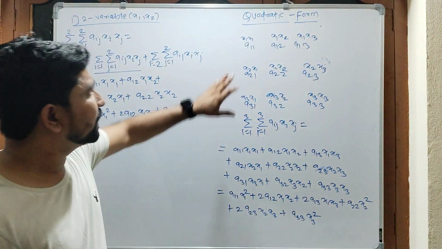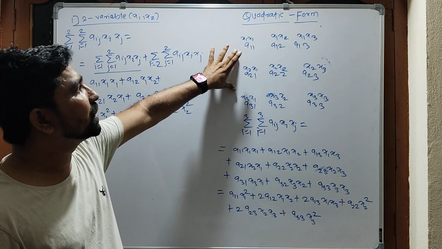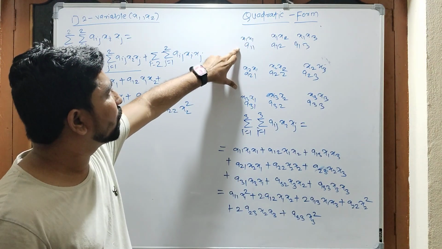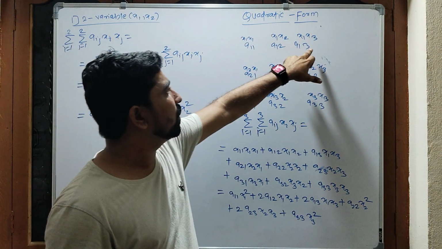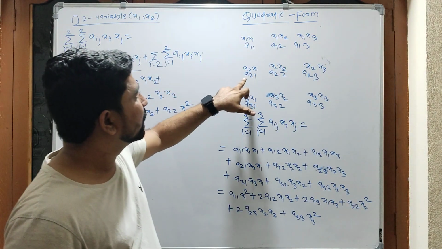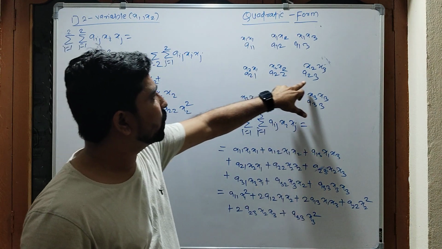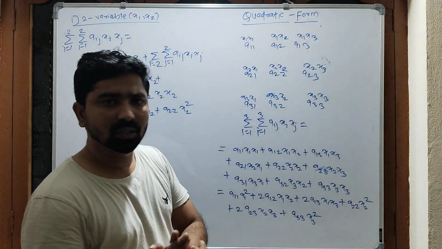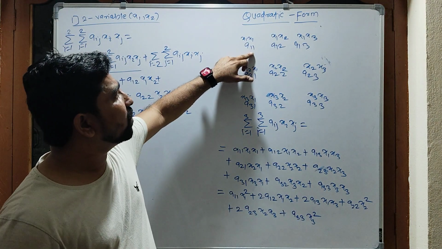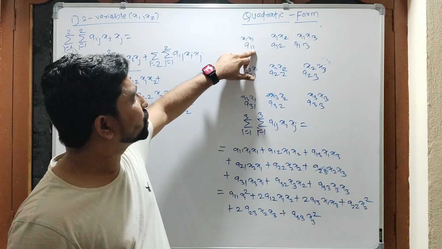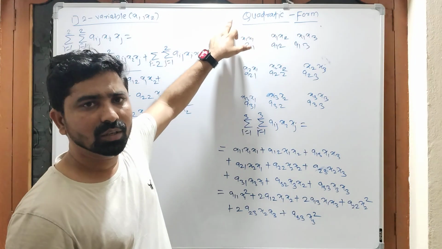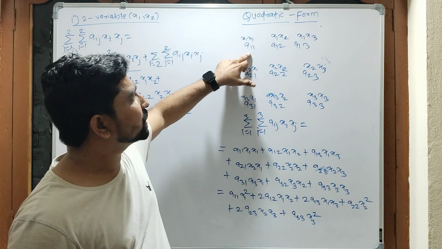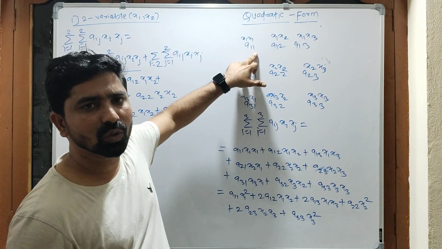Here the trick is that whenever you have a 3 cross 3 matrix, first row a11 a12 a13, second row a21 a22 a23, third row a31 a32 a33. So this is the a11 position. This 1 corresponds to x1.